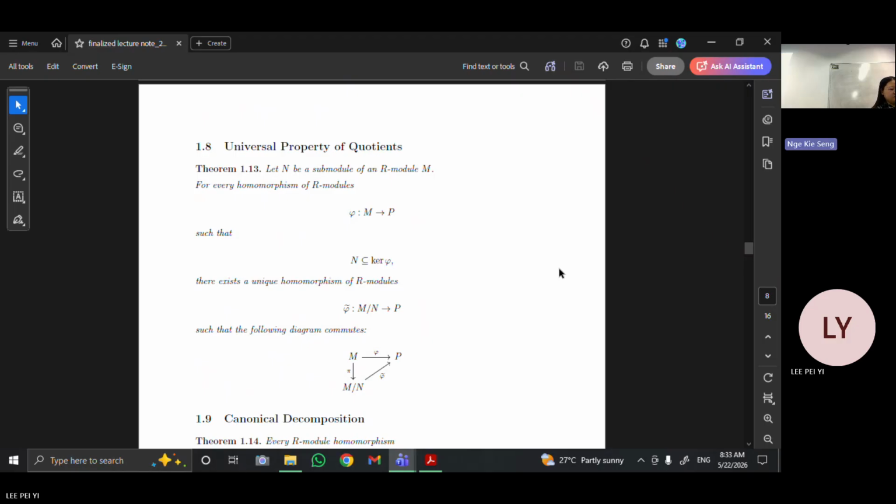The next one, the universal property of quotient.